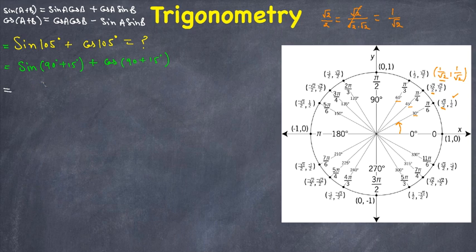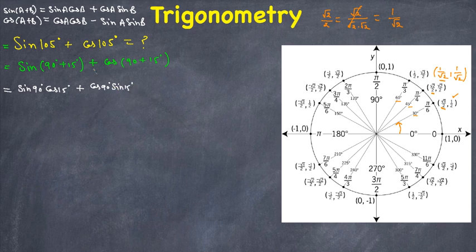So let's write down first for sine A plus B, which is 90 plus 15. So that can be written as sine 90 degree into cosine 15 degree plus cosine 90 degree and sine 15 degree.